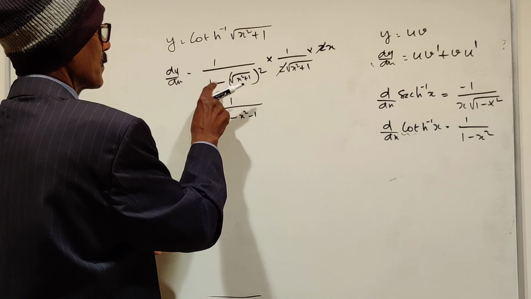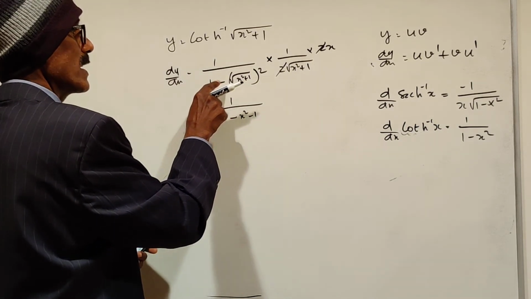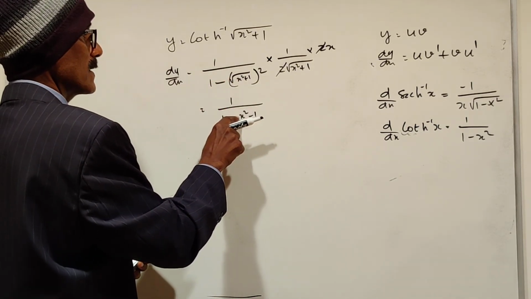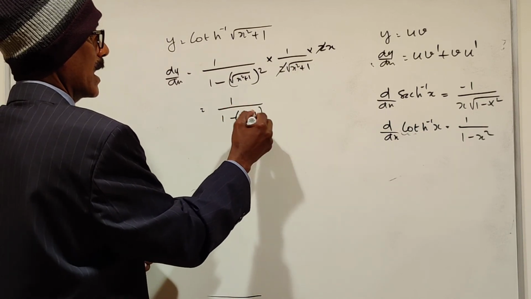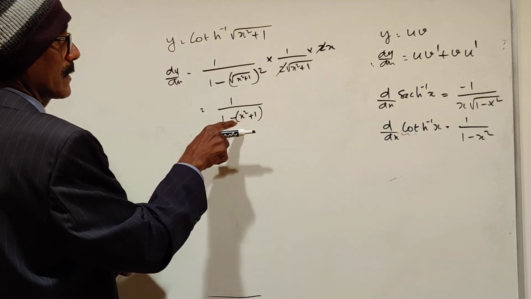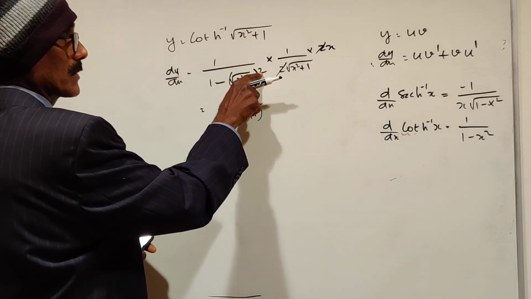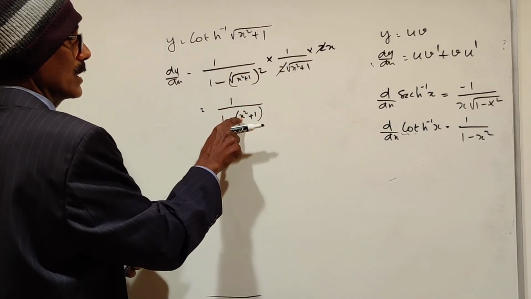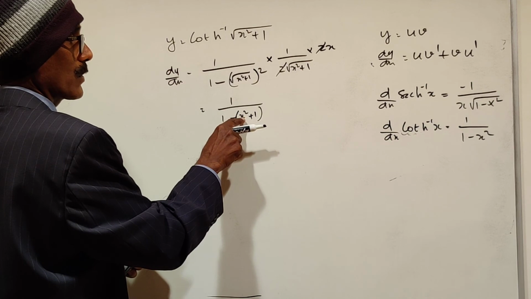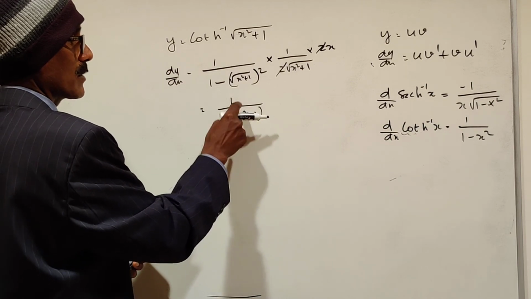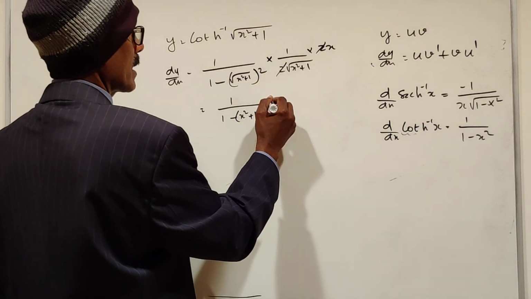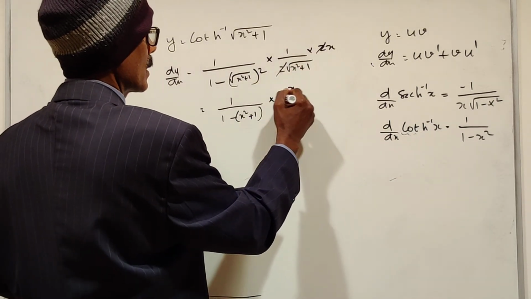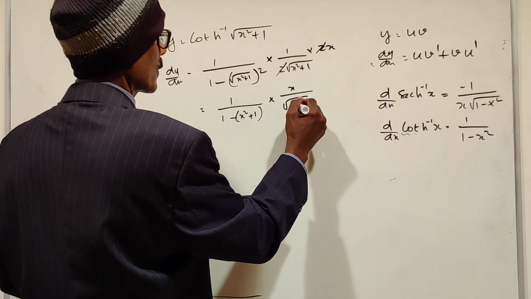Then distribute minus inside: minus x square minus 1. Put x square plus 1 in a bracket. Then times x by square root of x square plus 1.